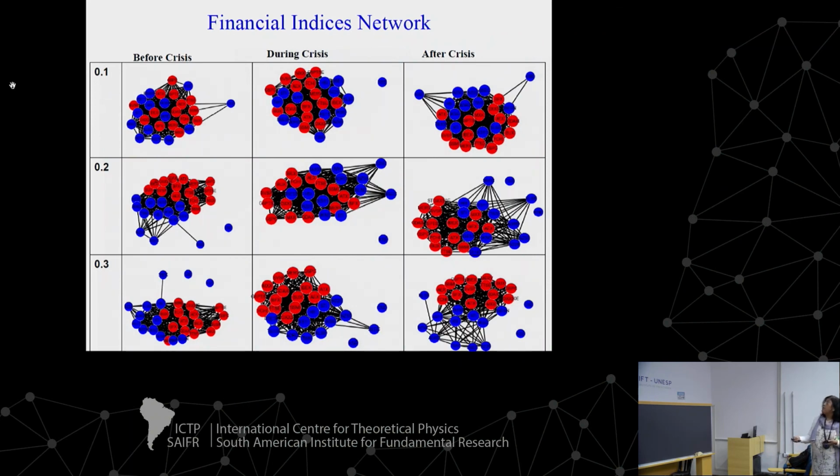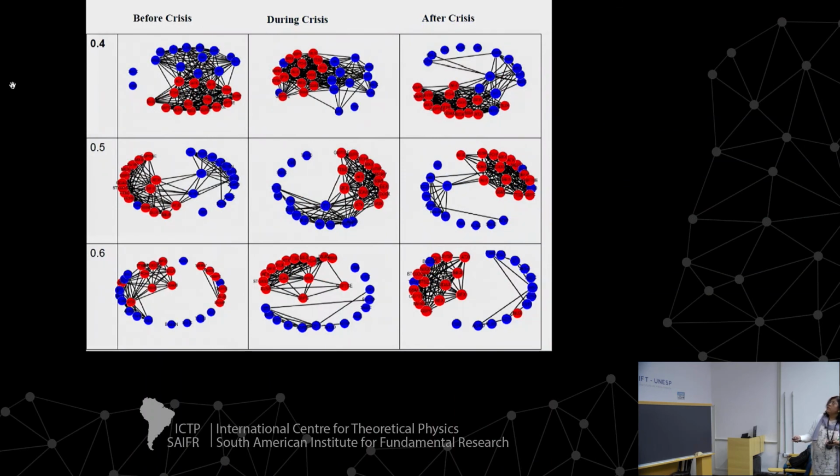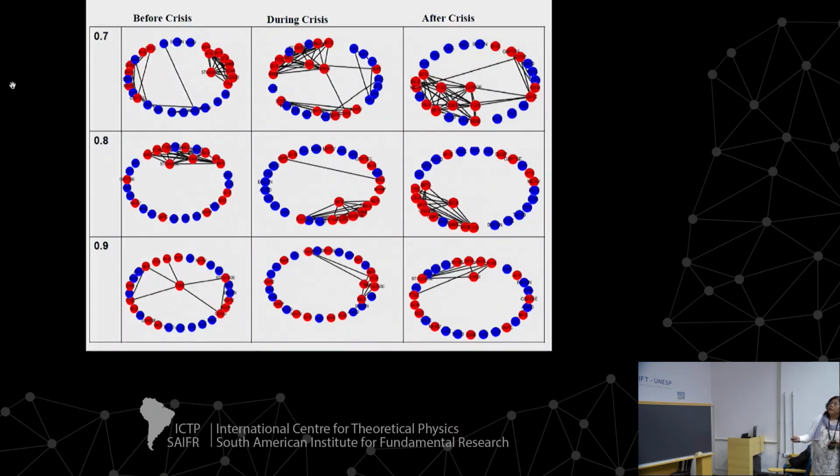So if you go on increasing the threshold, this is the picture. Now you notice that at the threshold 0.9, these are the nodes which are connected, and actually they correspond to the smallest eigenvector that you calculated using spectral methods. Okay?